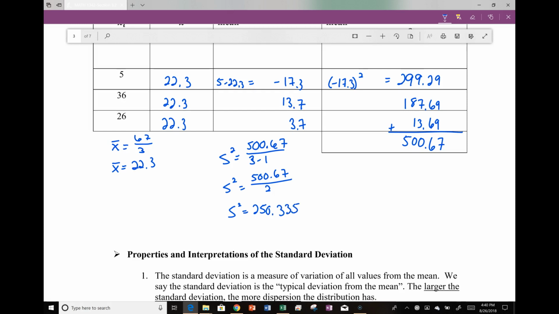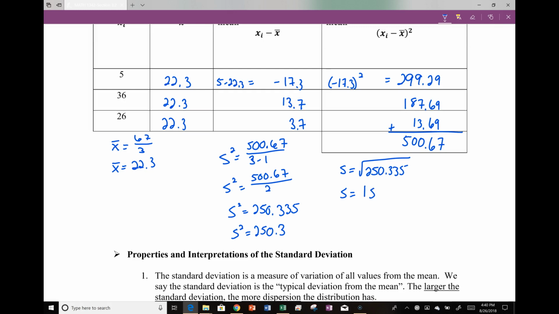Remember, this is the number that I want to use to find my standard deviation. And then I'm going to round each of these to one decimal place because my data values have 0 decimal places. So 250.3, and if I take the square root of this, I end up with 15.8.